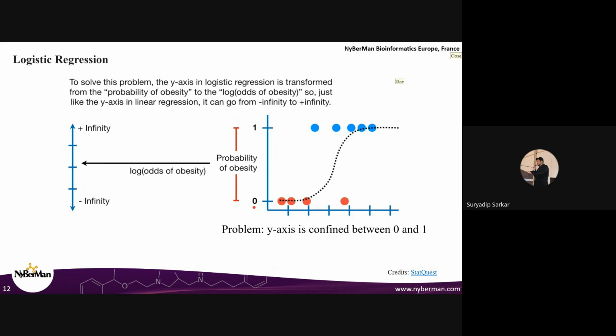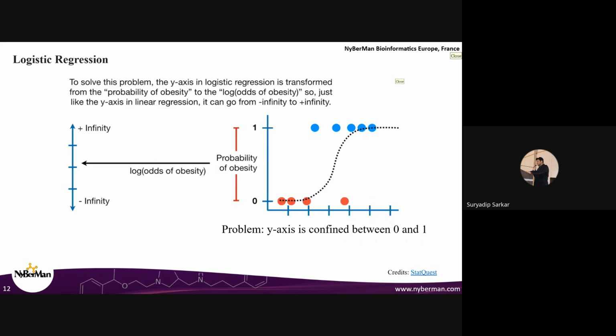If we have to fit something, we have to do it in a regression setting wherein the y-axis has to be a continuous variable between minus and plus infinity, which is the case in linear regression. In linear regression, technically speaking, your y-axis can be any value between minus and plus infinity.